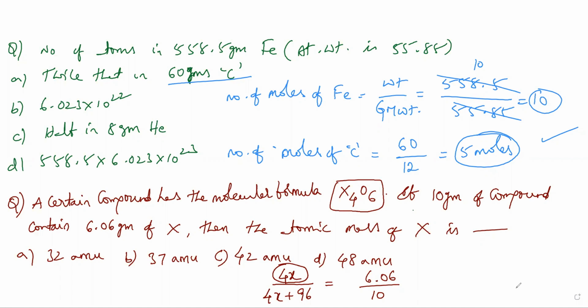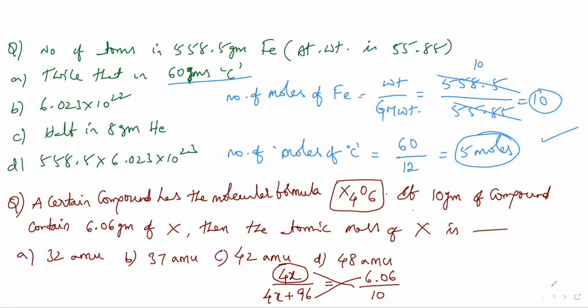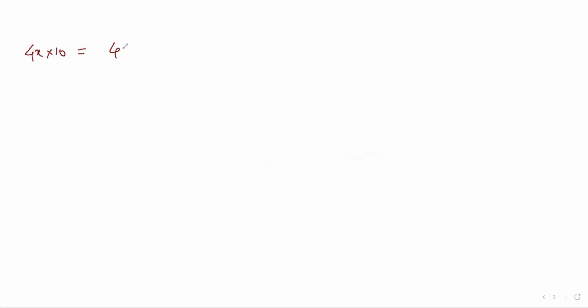So, cross multiply: 4X into 10 is equal to 4X plus 96 into 6.06. What are you getting? 40X is equal to 4X into 6.06 plus 96 into 6.06. Can you multiply?